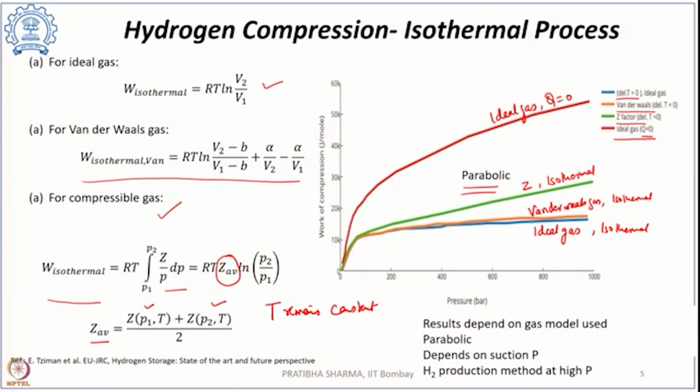Let us say we have compressed it to 350 bar. The work of compression required to compress from ambient pressure to 350 bar is much higher, if we see the variation, compared to the amount of work required to compress it from 350 to 700 bar. So this work is much higher compared to the energy which will be required to compress it from 350 to 700 bar.